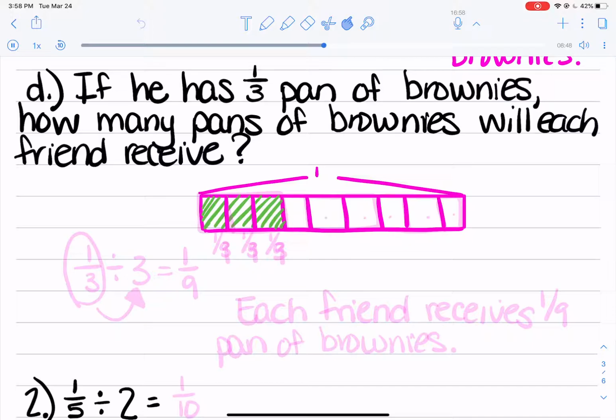So 1/3 divided by 3 friends equals, okay, so this really isn't 1/3. This is actually 1/9. Because even though it's separated by 3 friends, it's one of 9 different blocks we have. 1, 2, 3, 4, 5, 6, 7, 8, 9. Because each third of this whole has 3 parts of it.